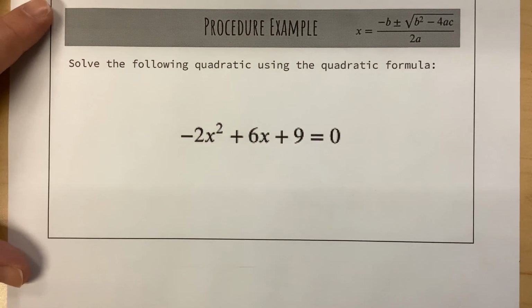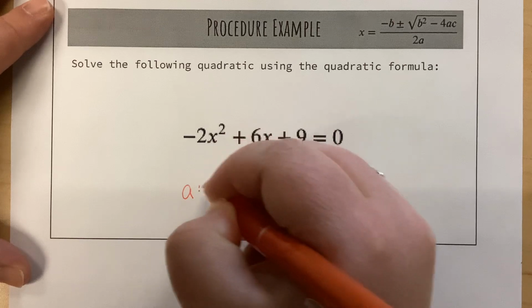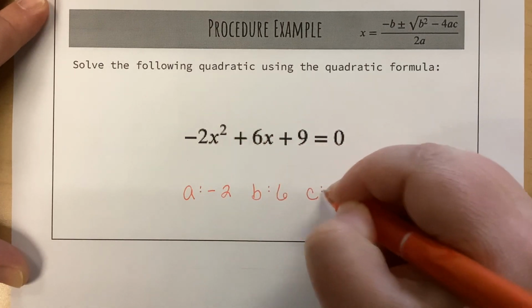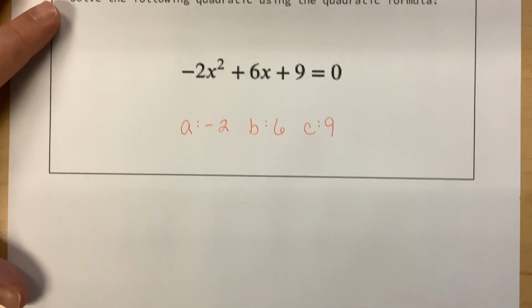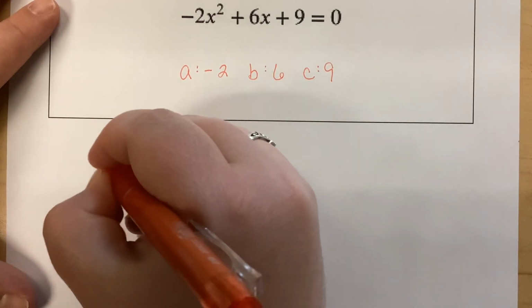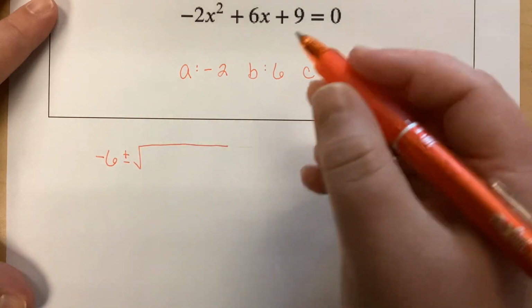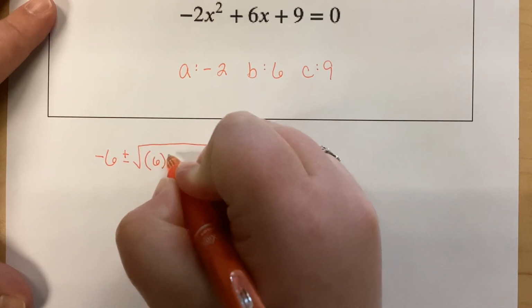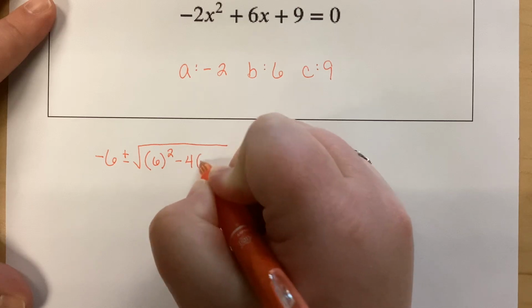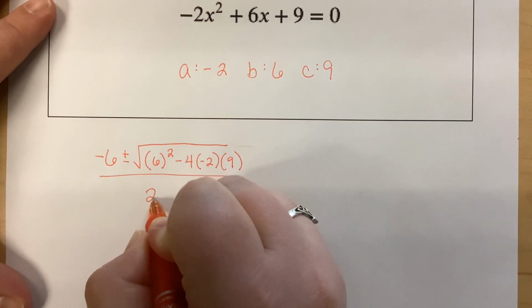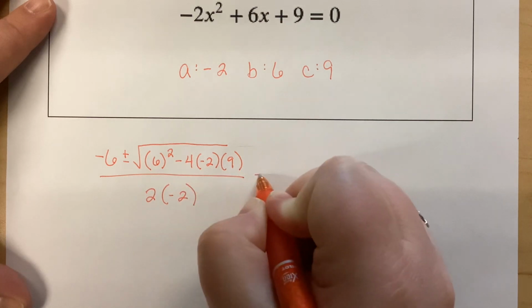All right, this one, our a is negative 2, our b is 6, and our c is 9. Here we go. Opposite of b is negative 6, plus or minus square root of 6 squared minus 4 times negative 2 times 9 all over 2 times negative 2.